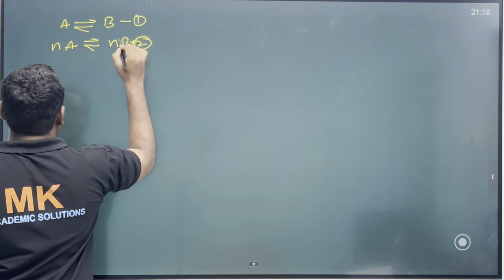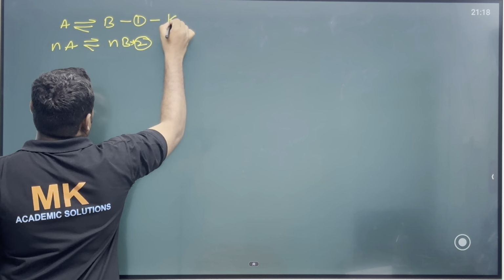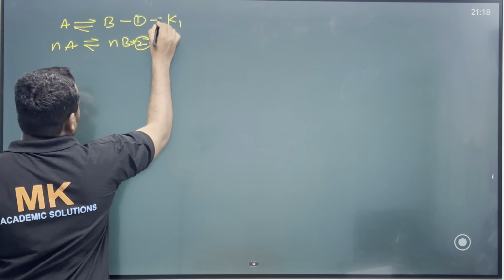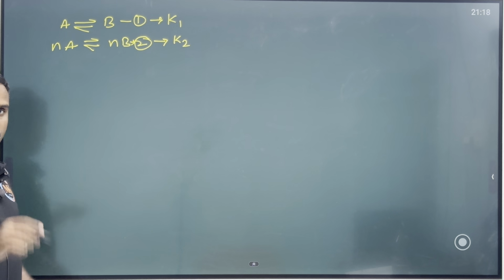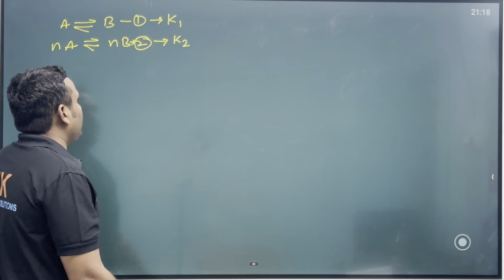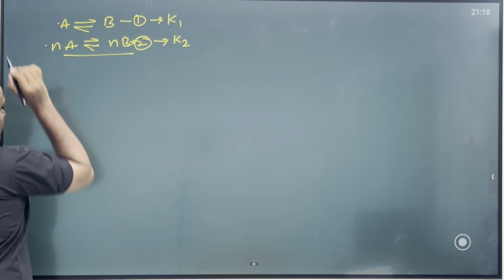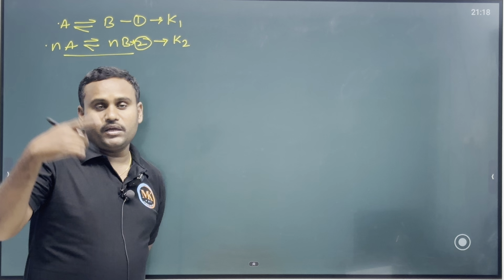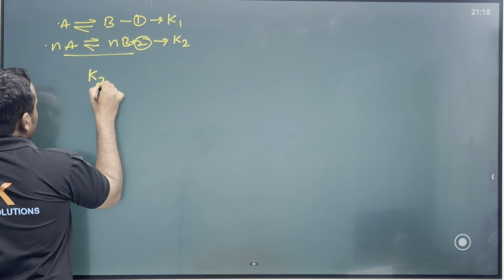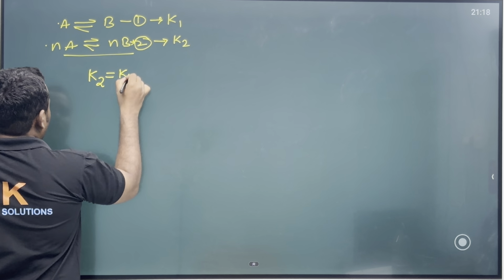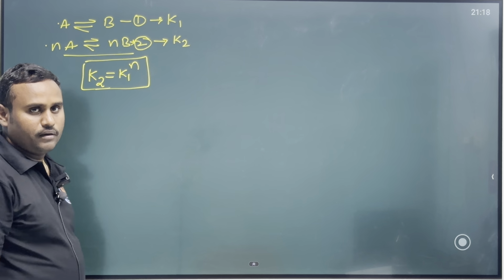Here the equilibrium constant is K1 and here the equilibrium constant is K2. What is the relation between K1 and K2? We get the second equation by multiplying the first equation with n. That multiplied value goes to the power. Therefore K2 is equal to K1 power n.